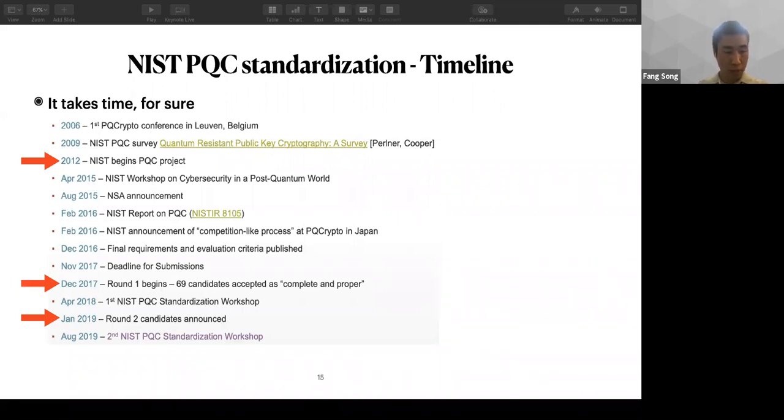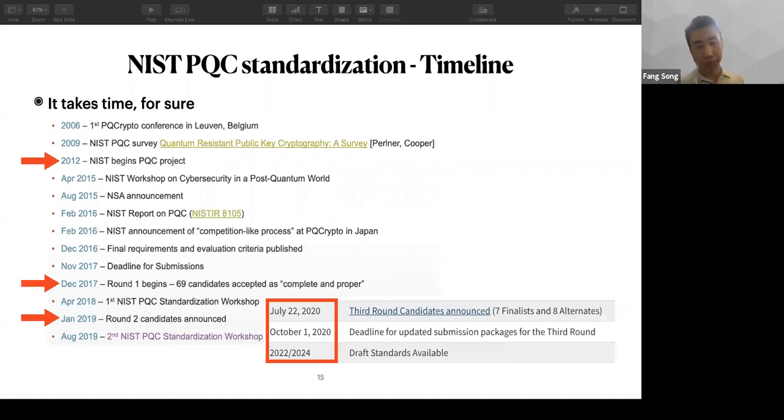Okay, and then in January 2019, about 20-ish submissions were selected for the second round. And here's a recent update. Just last month in July, NIST announced the third round candidates. And they anticipate finalizing this process somewhere between 2022 and 2024.